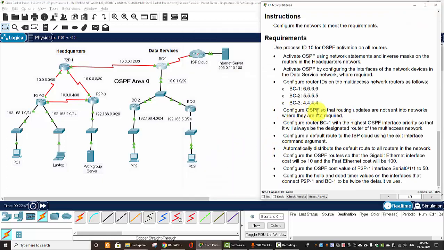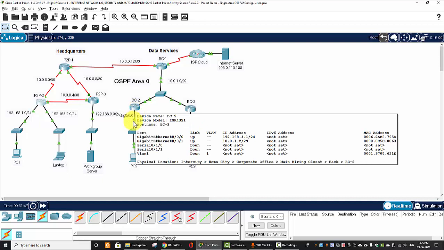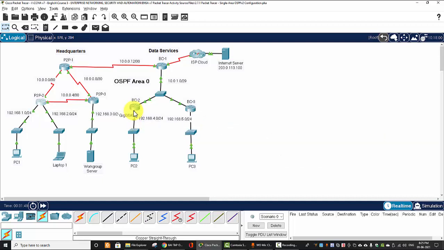Next we will configure OSPF so that routing updates are not sent into networks where they are not required. On the data services network, on BC2 we will set the gigabit 0/0/0 to passive interface, so the hello message will not be sent out this interface.